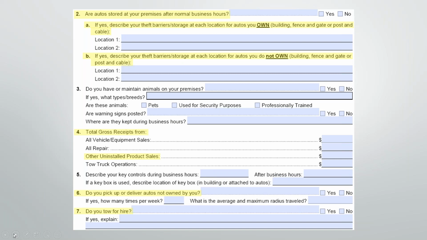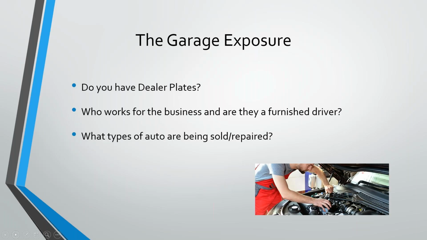Got it. Great. Okay, so we're going to look at the garage exposure. We were talking about autos before, where you have to evaluate their auto exposure. Now we're going to look at the garage, the premise, the things that are going on at this garage. A couple of them are going to relate to dealer plates.